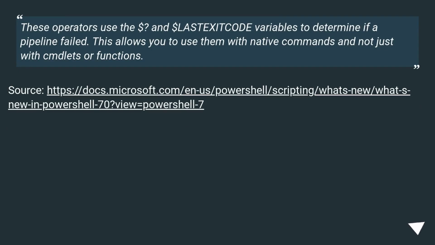These operators use the $? and $LASTEXITCODE variables to determine if a pipeline failed. This allows you to use them with native commands and not just with cmdlets or functions. Source: this URL.